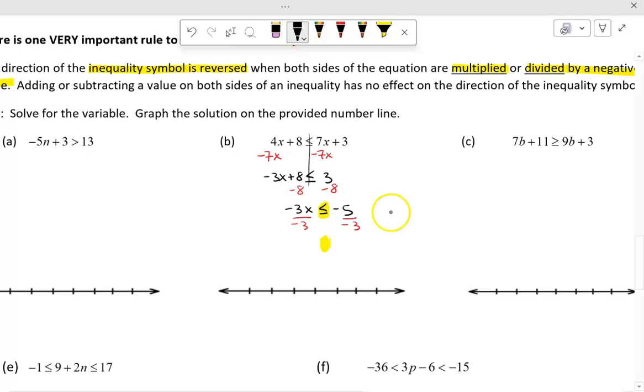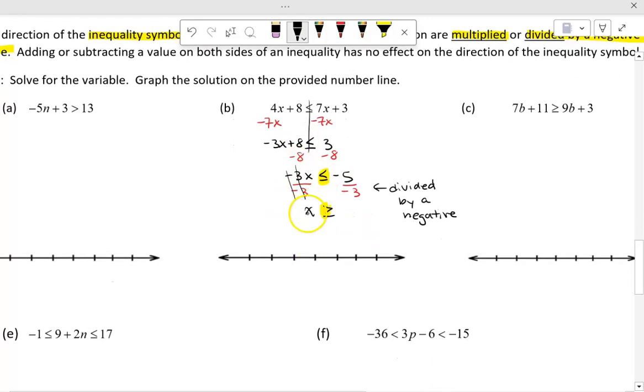So I divided by a negative on both sides, and therefore I have to switch this sign. And that's the rule I wanted to show you. That will happen anytime you do that to both sides. If you divide by a negative or multiply by a negative on both sides of your inequality, then you need to flip your sign.